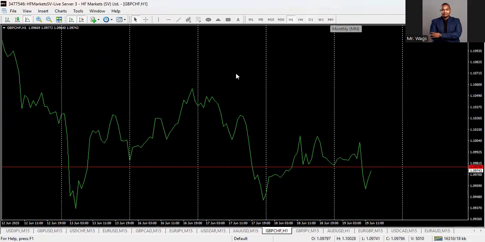Okay, so this is the MetaTrader 4. It's a trading platform offered by many brokers.